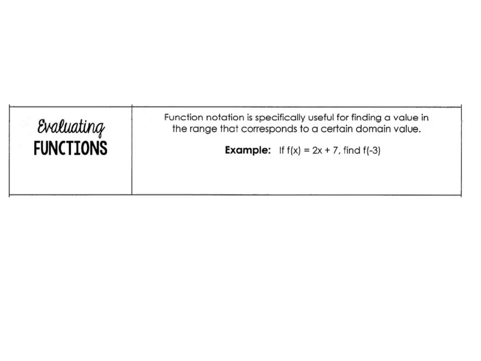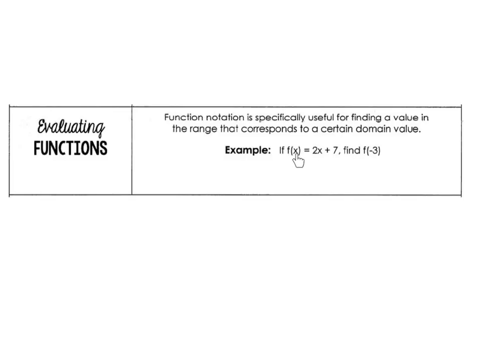So when we're evaluating functions, we use function notation because it is specifically useful for finding a value in the range that corresponds to a certain domain value. So for example, if f of x equals 2x plus 7, we want to find f of negative 3. So our x value, our input, what we're putting in the function machine, is negative 3.